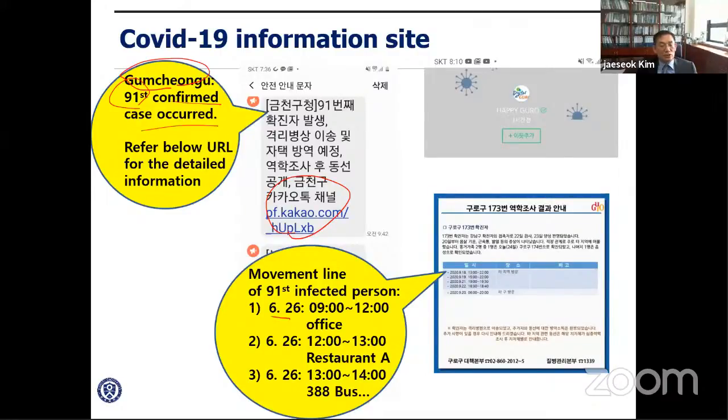Something like June 26, from 9 to 12 stayed in the office, 12 to 1 visited restaurant A, 1 to 2 p.m. used bus number 388, something like that.